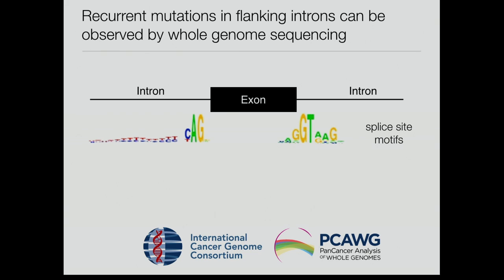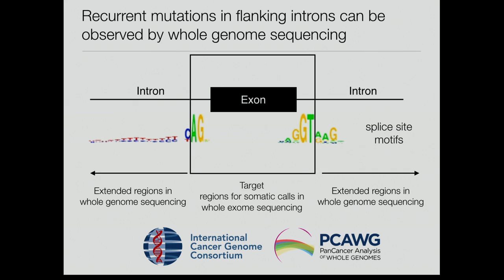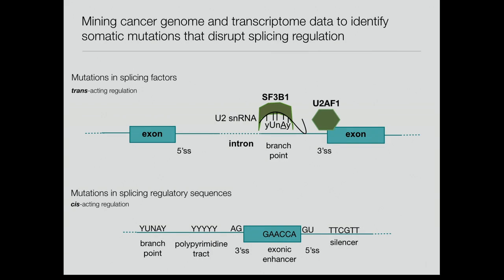So one example is right adjacent to the exon, there are these splice site motifs, and in typical exome sequencing, we only call mutations right near the exon, but there's additional information that flanks that region, and also it's known that intronic regulatory elements exist, and so we're looking in these whole genome sequencing data to look for additional cases of splicing mutations.